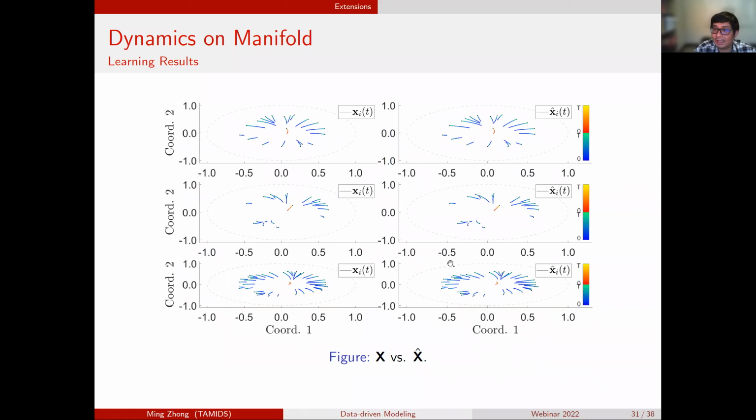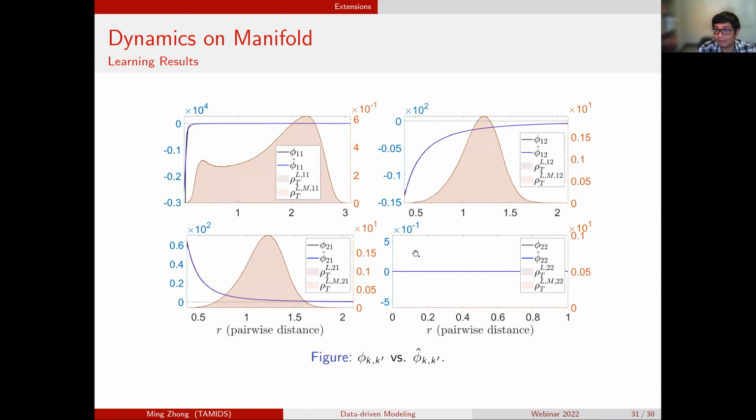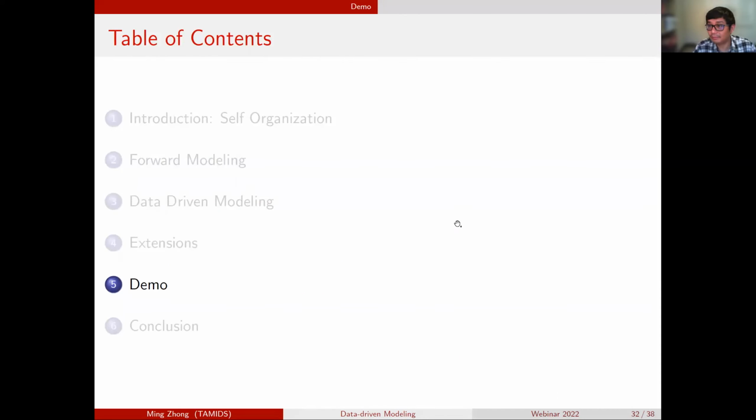Okay, and this is the single predator chasing a group of prey when they are constrained on a Poincare disk. Okay, and then we can still learn, and in fact, we actually learn better than the 2D sphere case, because there's more interaction going on with the Poincare disk. So now we can actually learn dynamics constrained on a manifold.